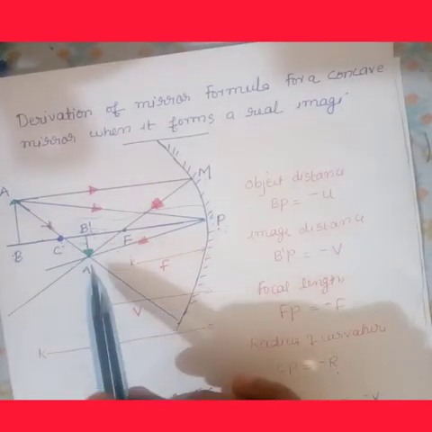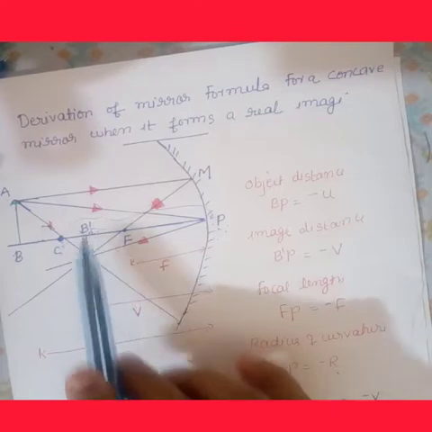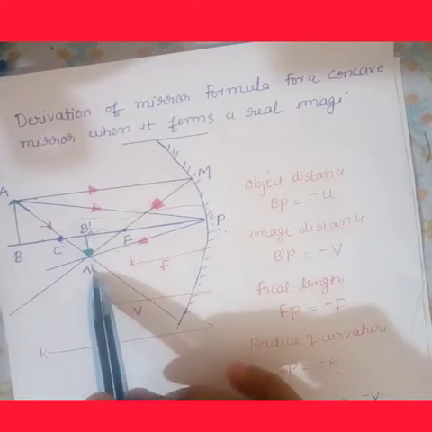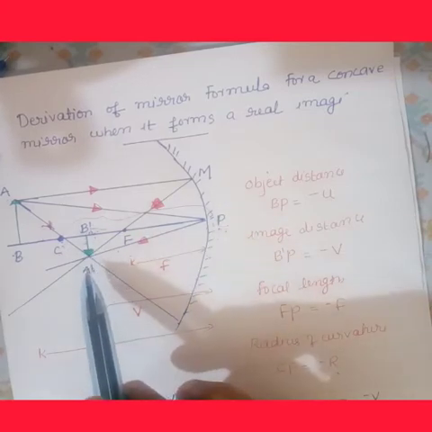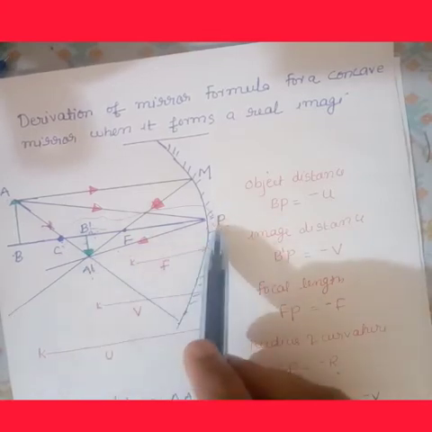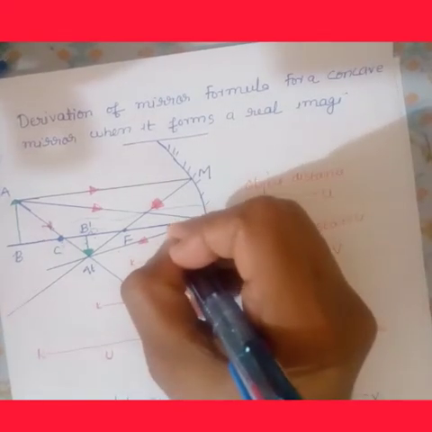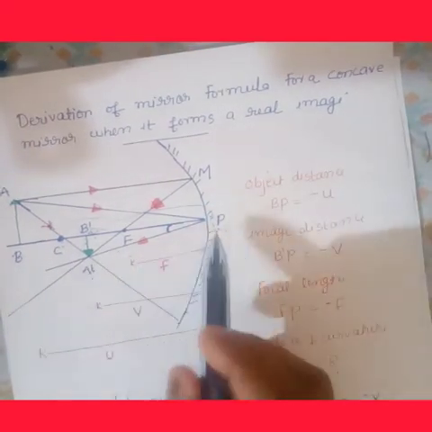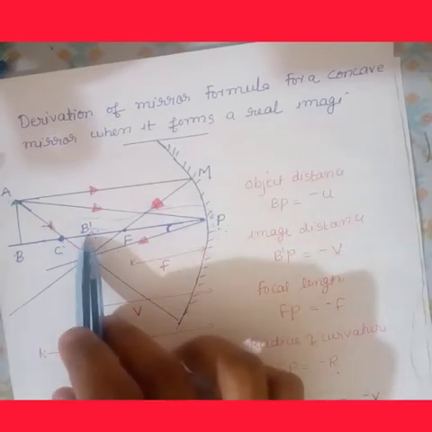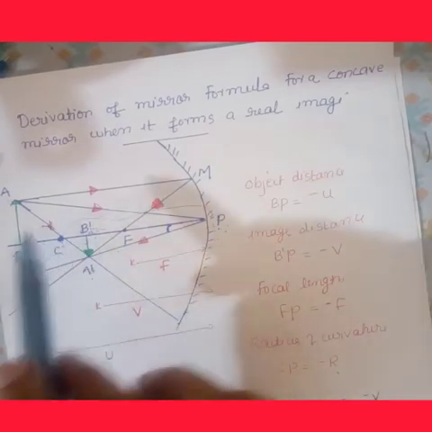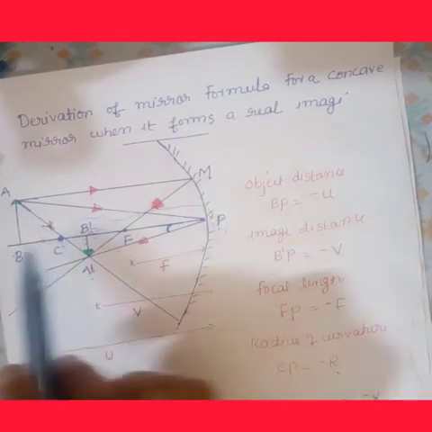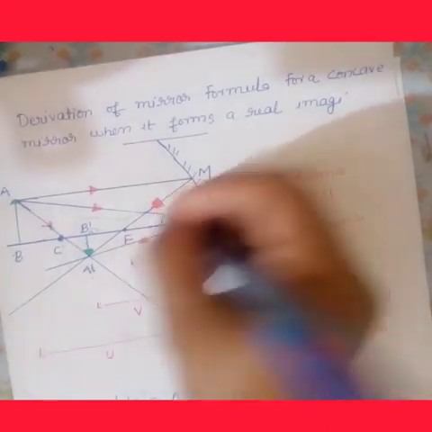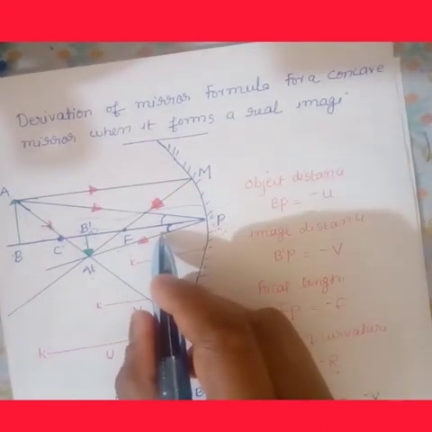So you see here, angle A'B', angle A'PB', which is angle A'PB'. So this angle A'PB' is equal to angle APB, because this is the angle of incidence and this is the angle of reflection.